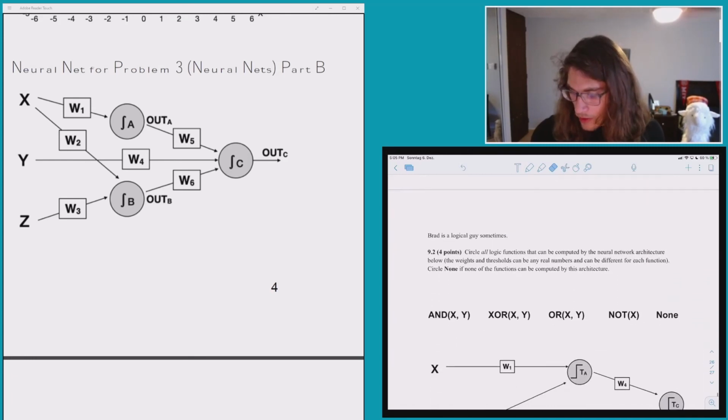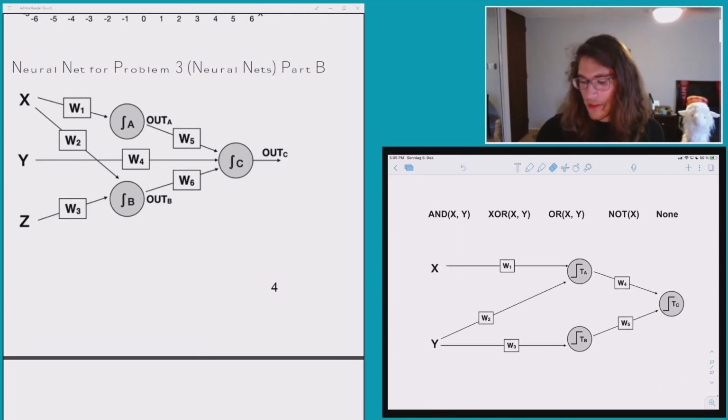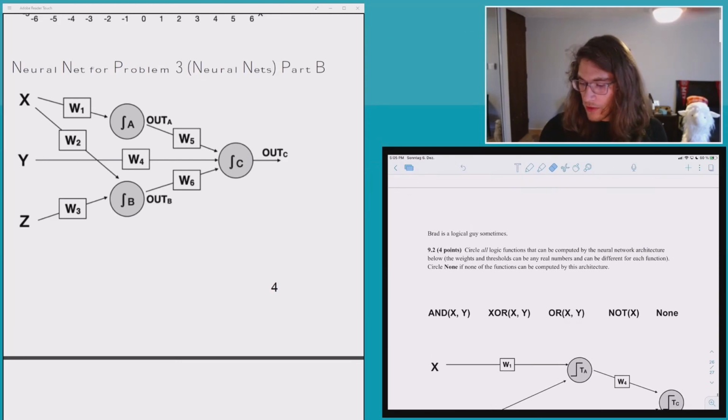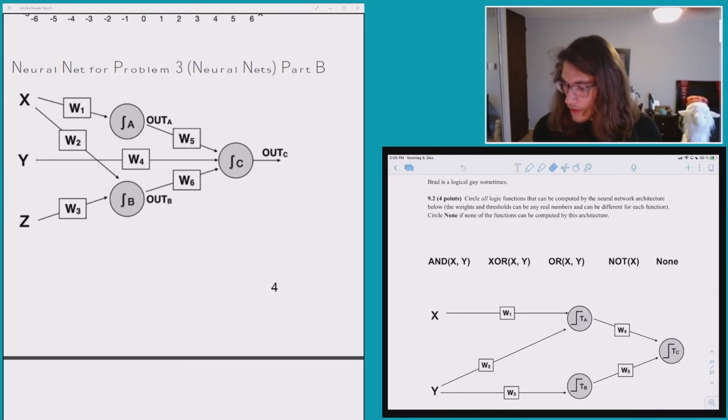And last but not least, actually this time, we're asked to answer whether this neural network is capable of solving the following problems.